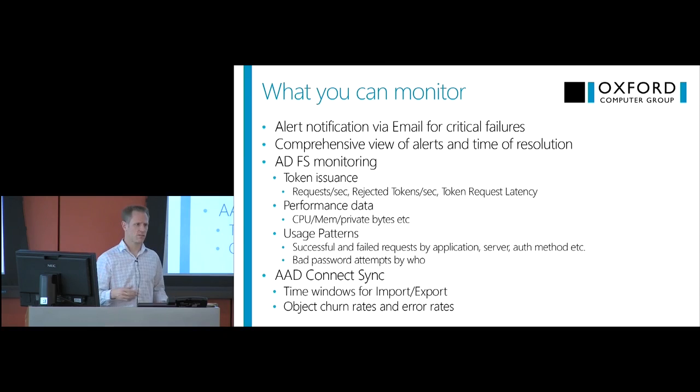From an ADFS perspective, we have a bunch of token issuance rules. How many come through? How many are rejected? What sort of latency we're looking at. You can get some pretty good reporting on what's going on there. Obviously, performance data is coming through as well, CPU, memory, these types of things, and usage. Probably the most important thing here is usage, right?